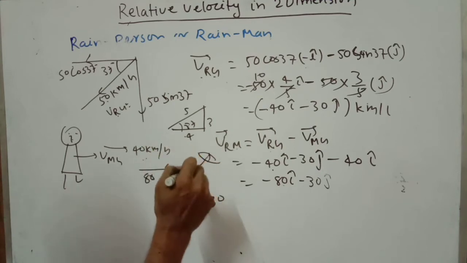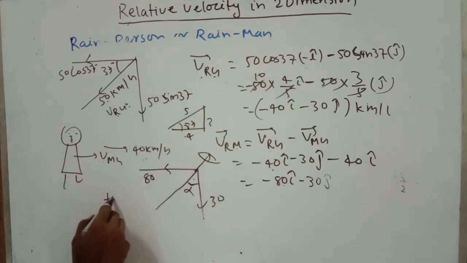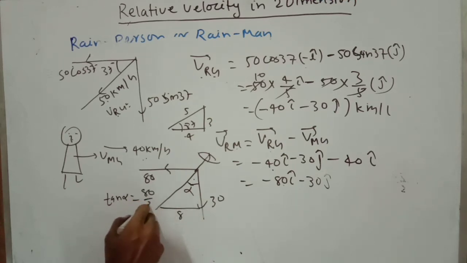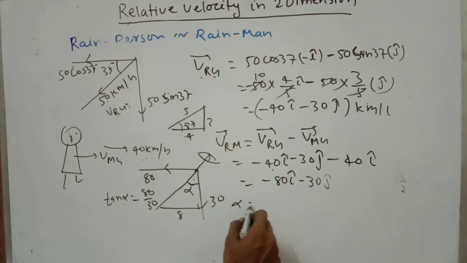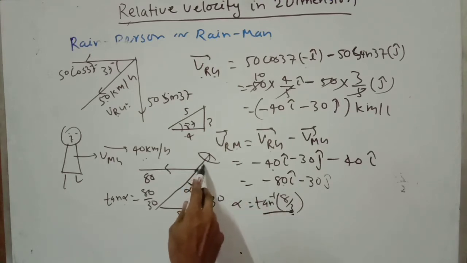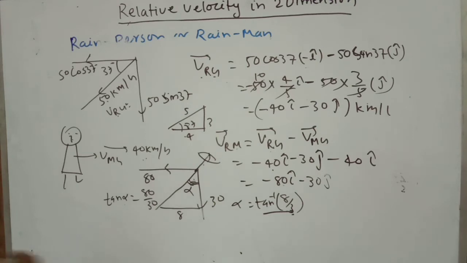So tan alpha is again 80 by 30, so alpha equals tan inverse 8 by 3. That is the angle from the head of the man, so that he can be saved from the rain.